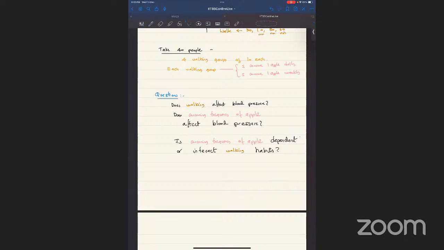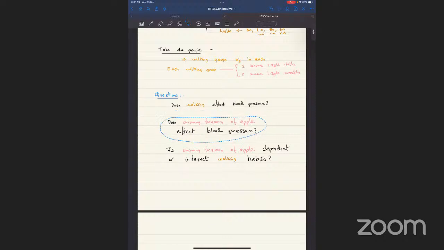So this is why it's a two-way ANOVA. One is that independently you can observe each effect, that is each quality of walking and consuming apple. The other is, is there an interaction?